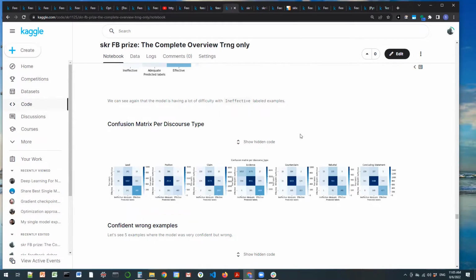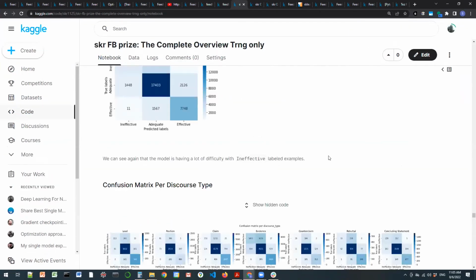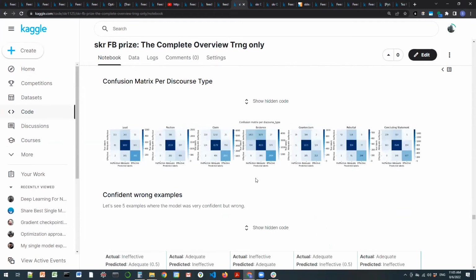Okay, so here it looks like for some discourse types, it is very bad at predicting ineffective. For example, for position, it more often misclassifies ineffective as adequate, and the same for claim.